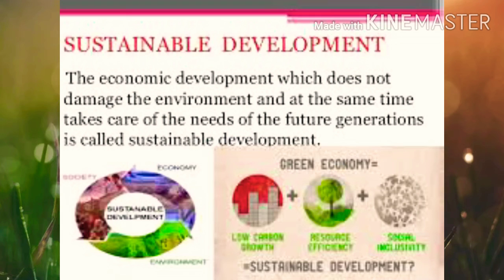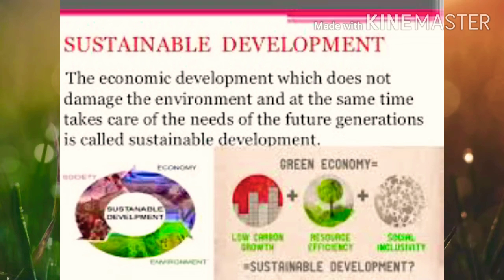It is a process of economic development where resources are used judiciously to satisfy the needs of not only the present generation but also to conserve them for the use of future generations. So what is sustainable development?